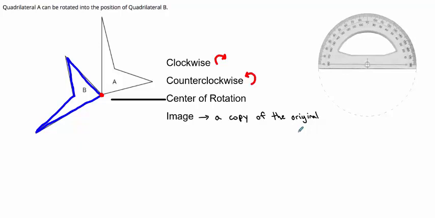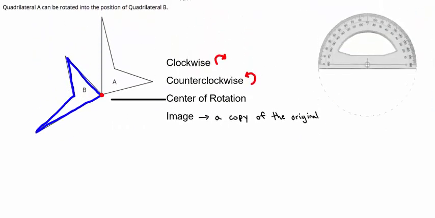But let's talk about the other question that was in the warm-up. It says estimate the angle of rotation. So if we look at this first line here, after it rotates and lands exactly on top of this line, where is this line on the image?